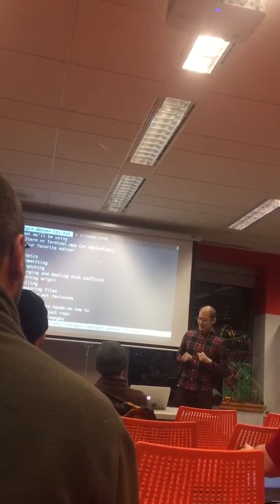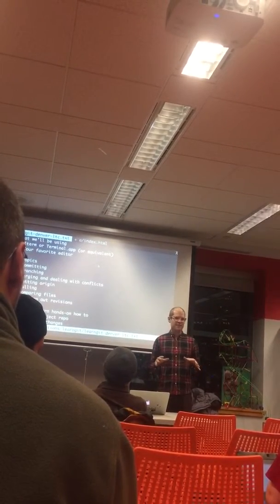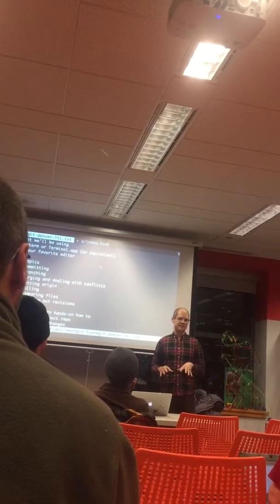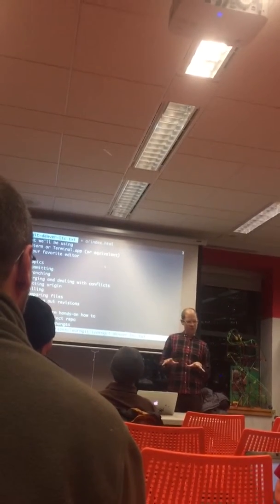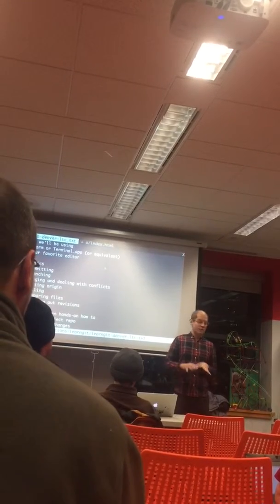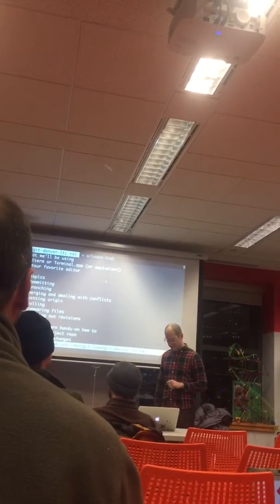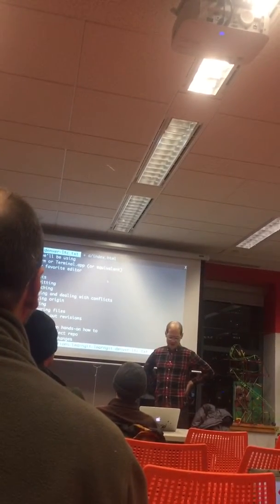Now, does anyone have any horror stories of using the distributed model of Git? Raise your hands. Any horror stories? So no one. It's pretty cool. I love it. So that's what's cool about Git.